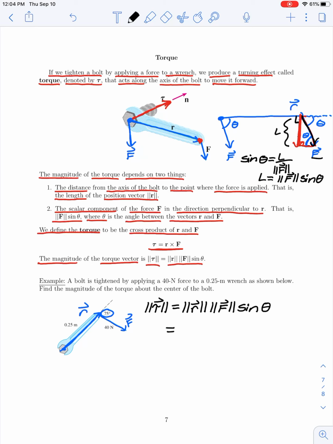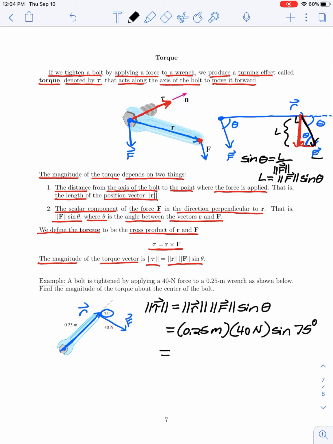So here, the magnitude of r would be the length along our wrench, which was 0.25 meters, or 1/4 meter. And the magnitude of our force vector was 40 newtons. And then we have sine of the angle between these vectors, which is 75 degrees here.